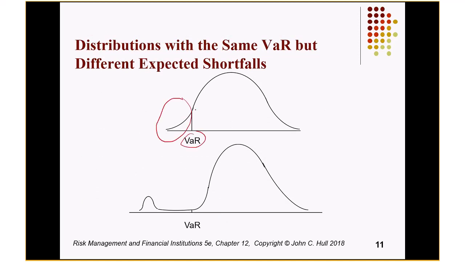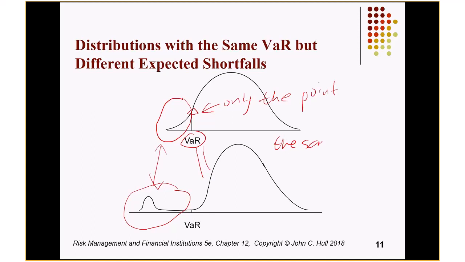VaR cares only about this point and ignores anything worse than that. But if you look at those two distributions, they have the same VaR. However, the loss is very different, right?